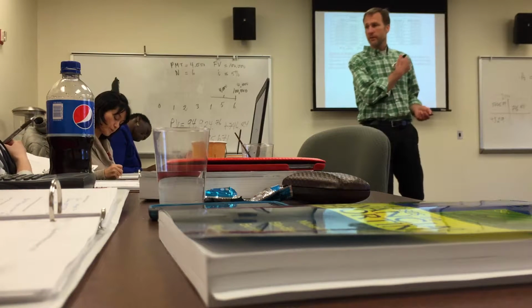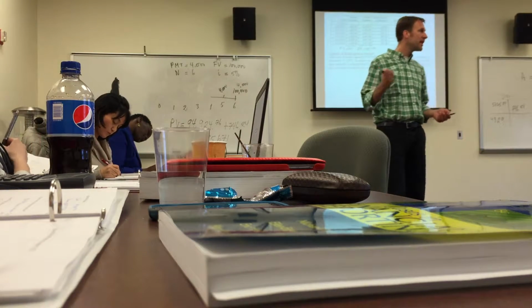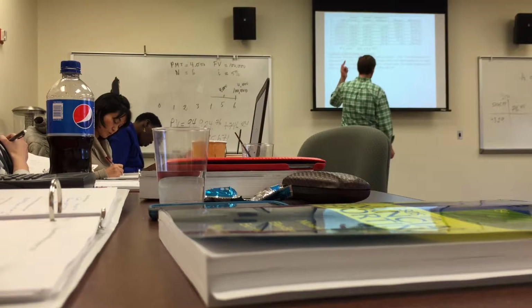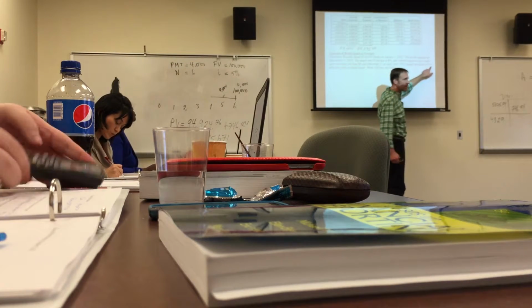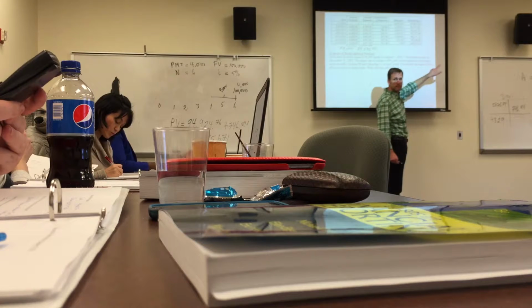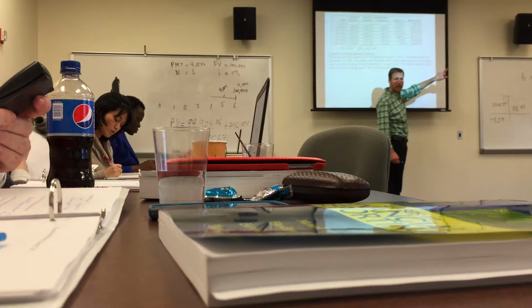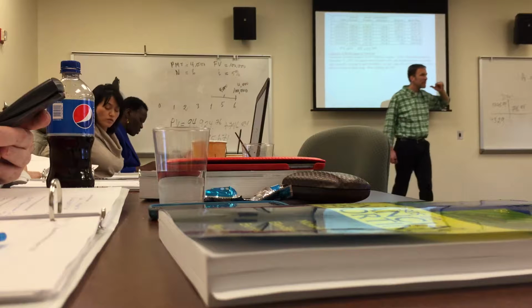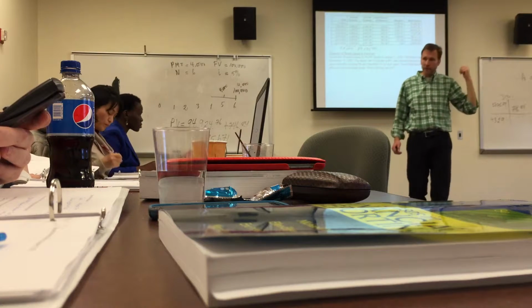So let's compute the price for this bond. All we have to do in our calculator is change the interest rate now. So put N back at 6. Change the interest rate to what? I equal to, not 5%, but 3%. Half of the 6.